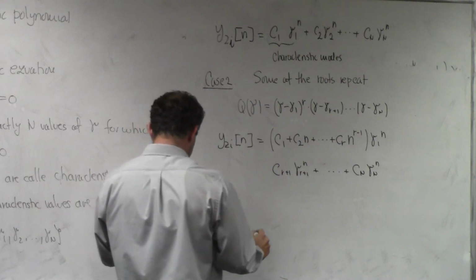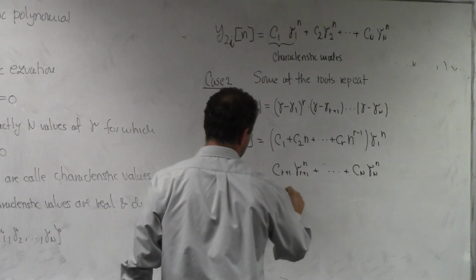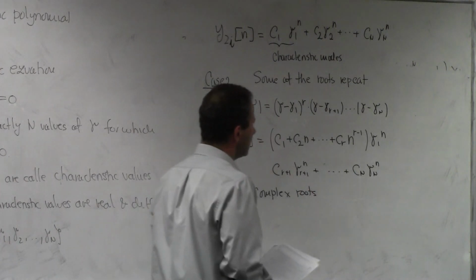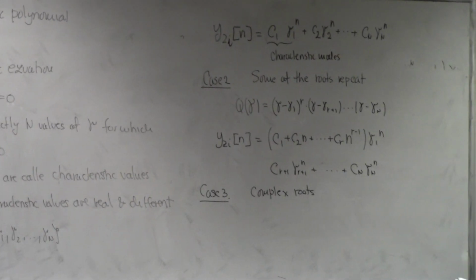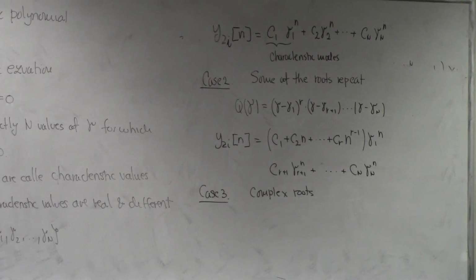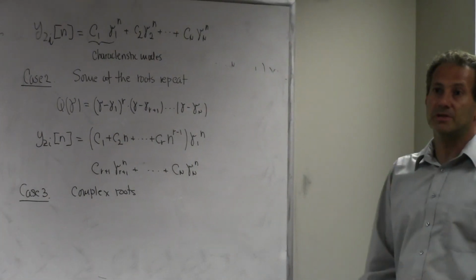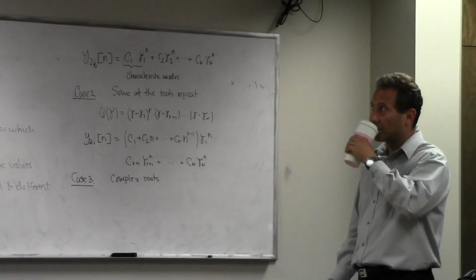And then case 3, we have complex roots. Just like in the case of a continuous time system, we're going to restrict ourselves to the cases where A's and B's are real. In a particular case here, we assume that A's are real.